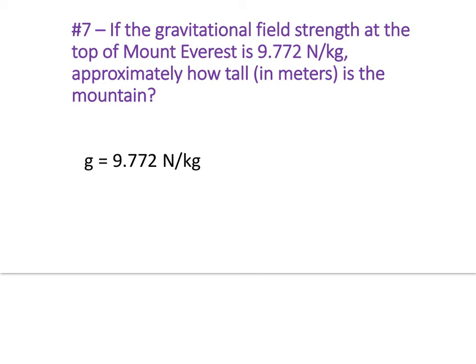Now what this means, 9.772 newtons per kilogram, is that your force is 9.772 newtons for every mass of 1 kilogram. So you can actually take this number right here and separate it into two givens. You have a force and you have mass 1.